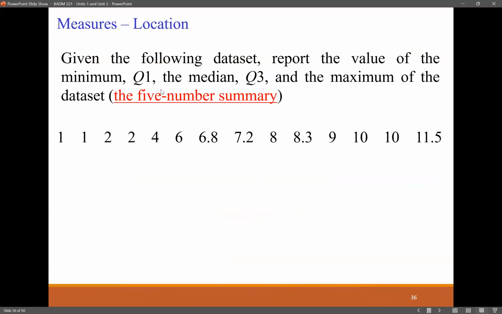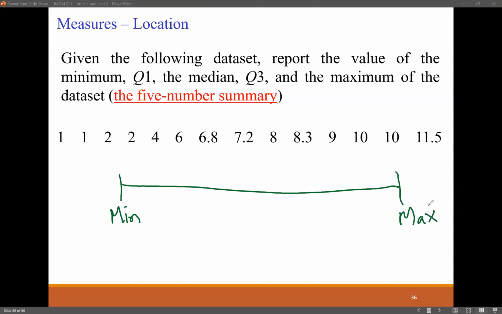Right, so this is the 5-number summary. So you can divide the whole data into 5 parts. That is, this is your minimum and this is your maximum. And you can divide this into 4 parts, that is 1, 2, and 3. So I said earlier 4 parts, so this is the fourth one actually, which is the maximum.